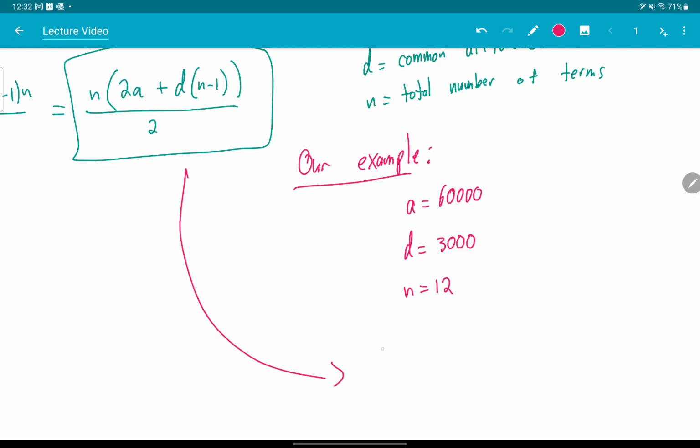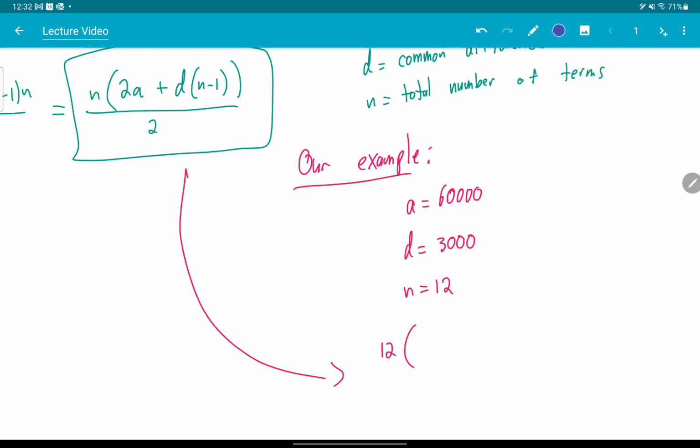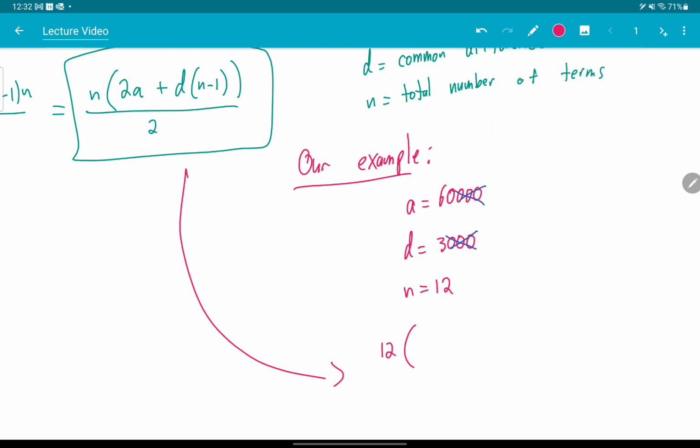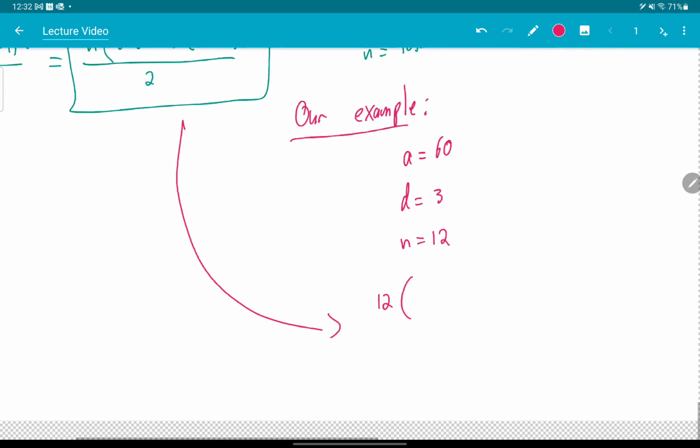So my sum is 12 times... I want to make my life easier by crossing out some zeros here. So I'll just cross out some zeros, because I'll just remember that these numbers I'm talking about are measured in thousands. So cross out those zeros, just go 60, 3, and 12.